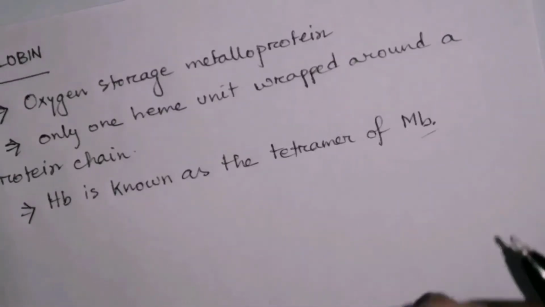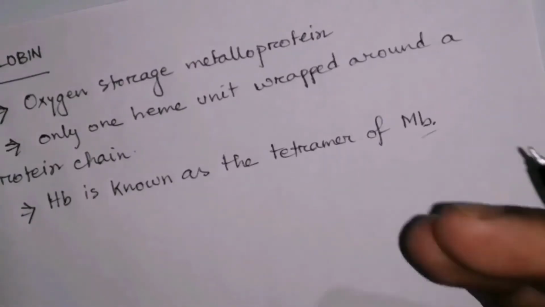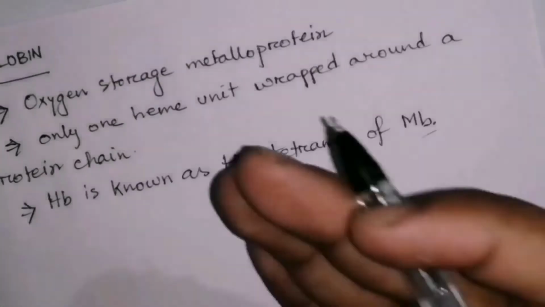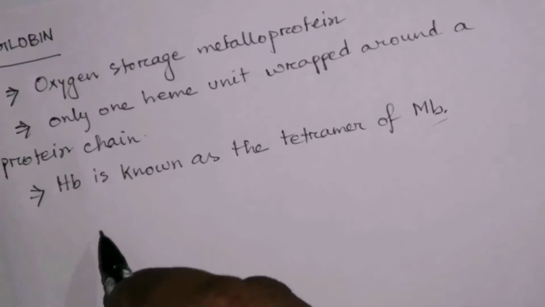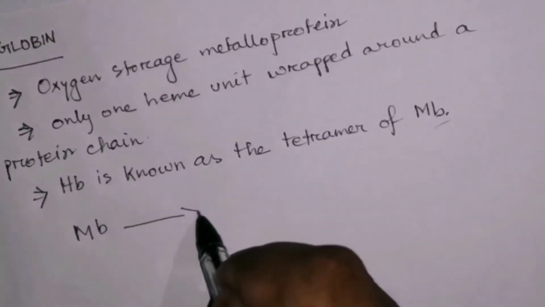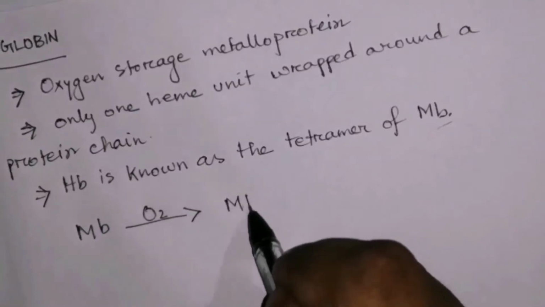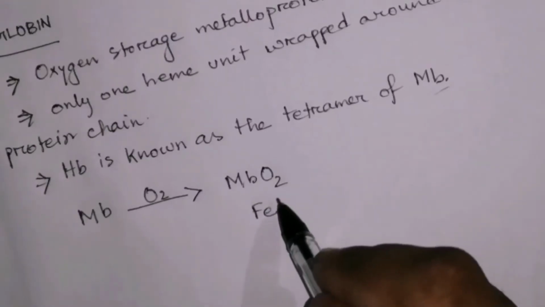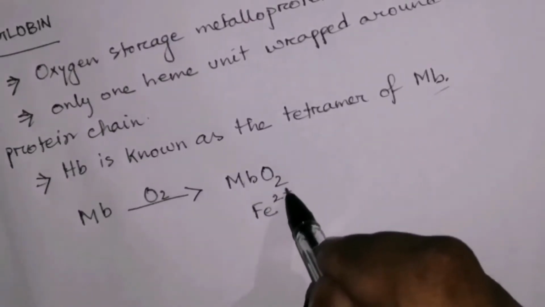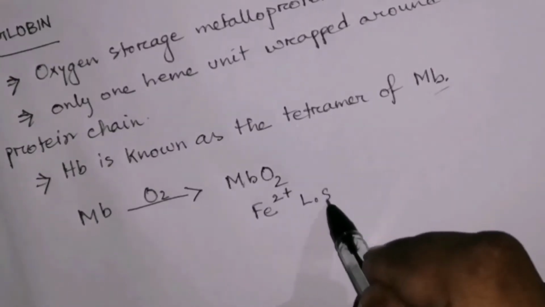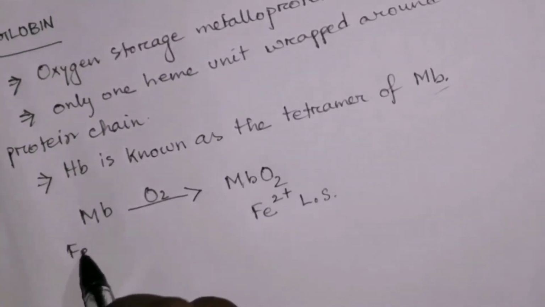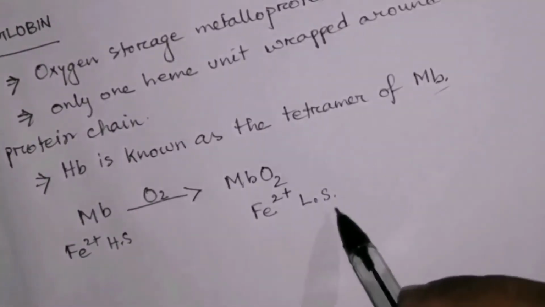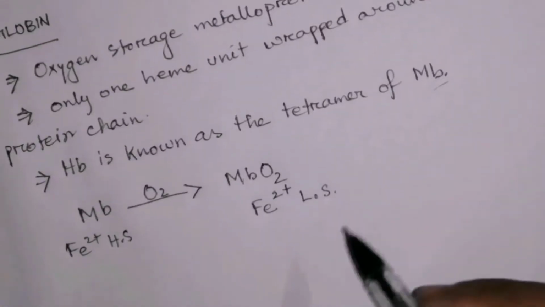Similarly, here also in myoglobin, the iron resides in +2 oxidation state, and when it is oxygenated by oxygen, the iron center converts to Fe2+ low spin. Here it was in Fe2+ high spin, and after oxygenation it converts to Fe2+ low spin.